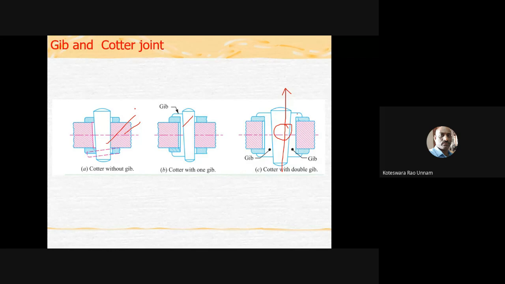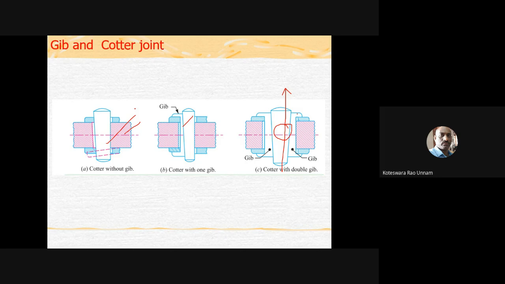As long as the rods are of cylindrical section, the bending stress induced in the parts is not that much influential. So whenever there are square rods, only then do you need to go for jib and cotter joints.